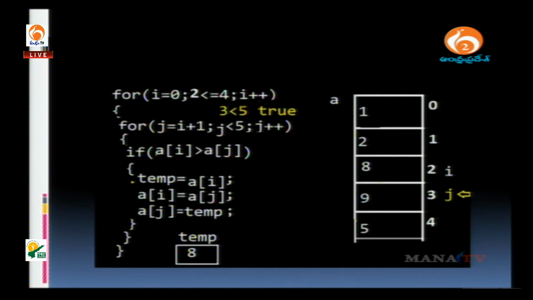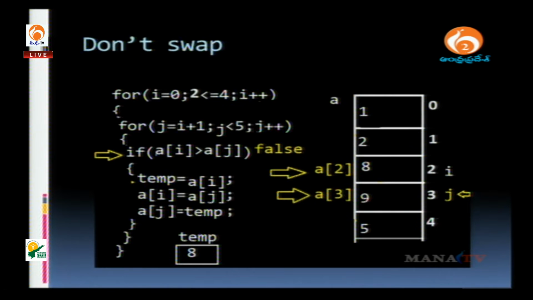Whenever the condition becomes true, control enters the body of the inner for loop. Now we check the condition: if A of i is greater than A of j. Here A of i means A of 2, which is 8, and A of j means A of 3, which is 9. Is 8 greater than 9?